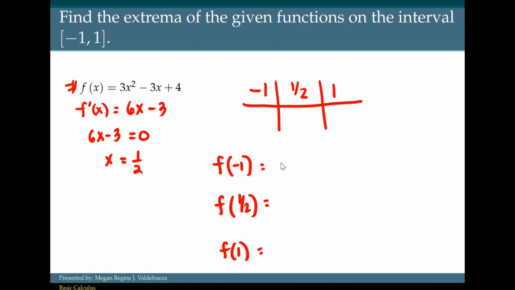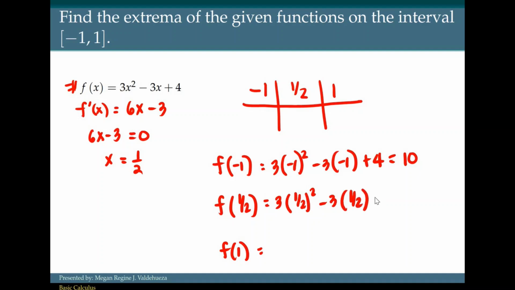So we simply substitute the values. 3 times -1 squared minus 3 times -1 plus 4. Using our calculators, we will get 10. So when x is equal to 1/2, 3 times 1/2 squared minus 3 times 1/2 plus 4, that will give us 13/4, or approximately 3.25, right?